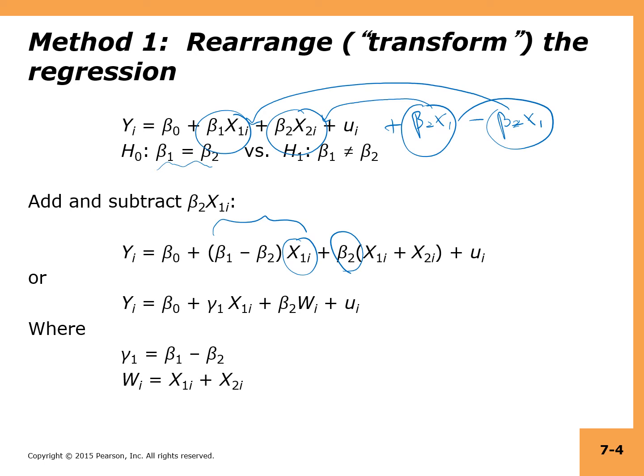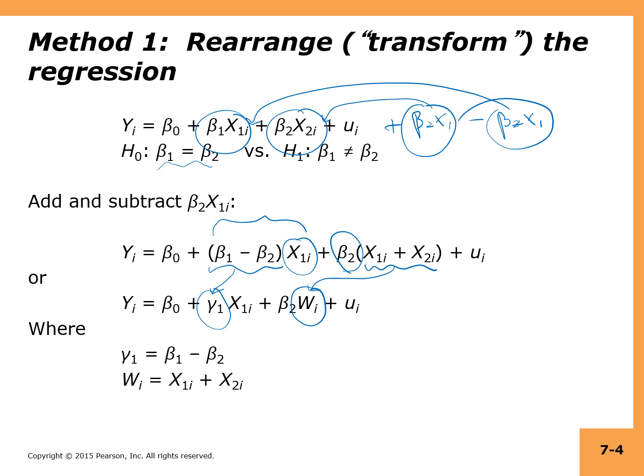Once you have that, you can say that beta 1 minus beta 2 is some gamma 1 that we are interested in. And then we can say x1 plus x2, the addition of two regressors, is another regressor, w.